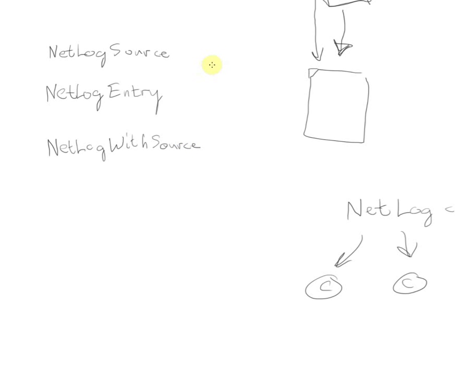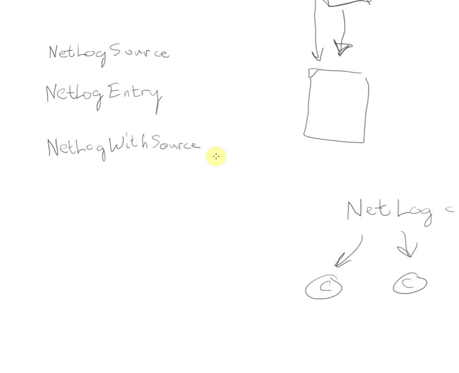I think it'll be appropriate to explain how this works. Netlog with source is a netlog object that already has the source specified.